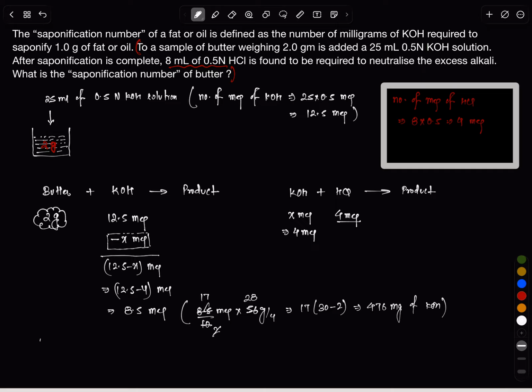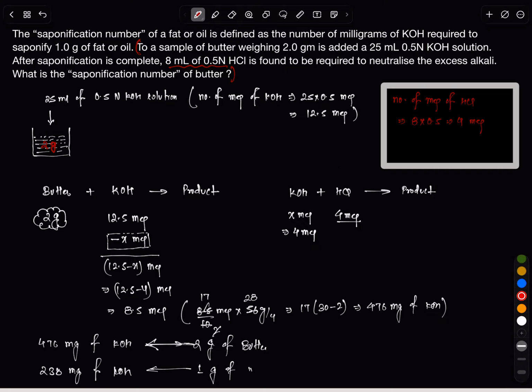So if you see, 476 milligram of KOH reacted with 2 gram of butter. So for 2 gram of butter, we need 476 milligram of KOH. So for 1 gram of butter, we need half of this, 476 by 2, simple unitary method, 238 milligram of KOH.